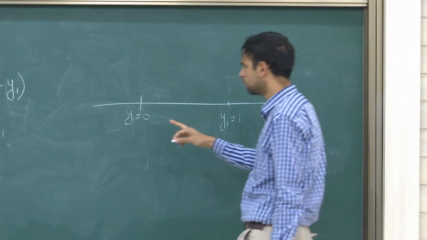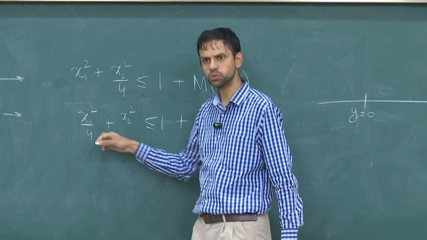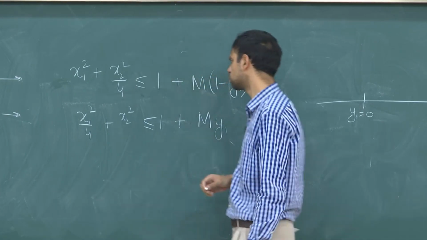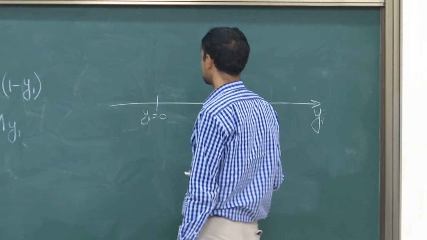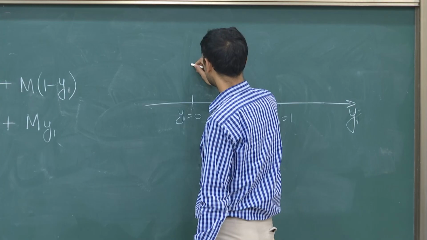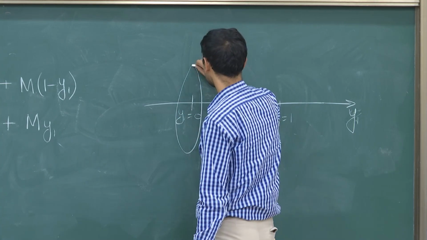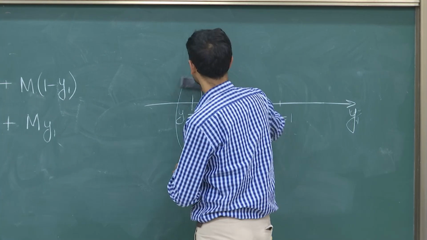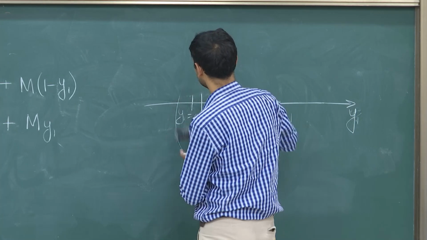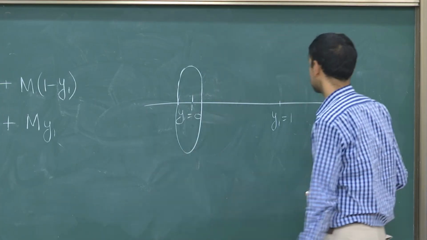So at y1 equal to 0, I want this to be true, so this will be an ellipse, something like this.